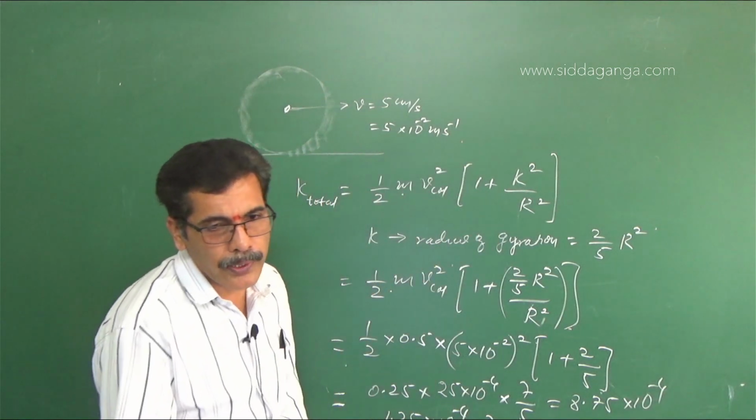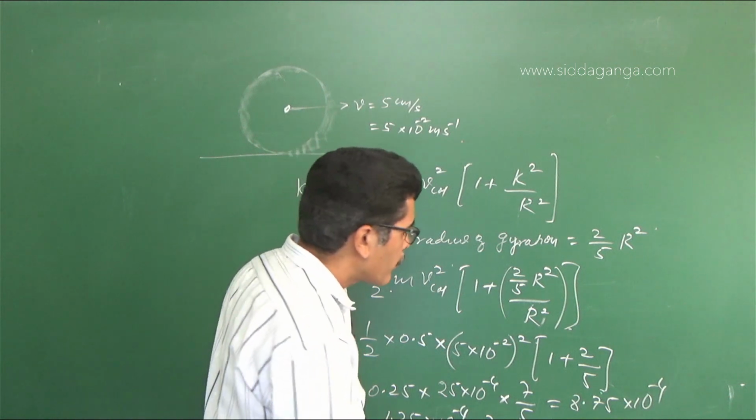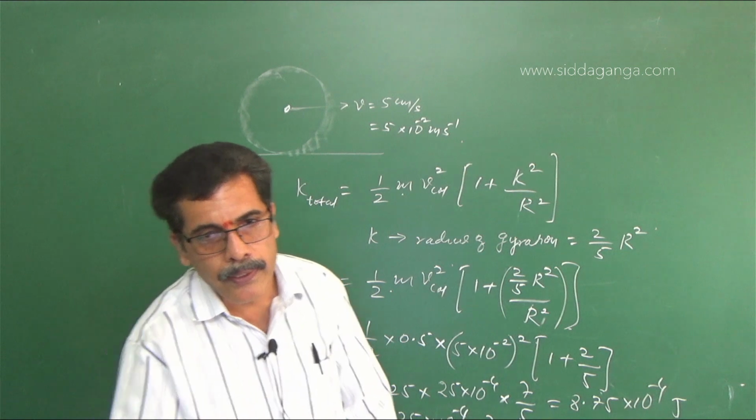So you are going to get 8.75 into 10 raised to minus 4 joule. That is the answer.